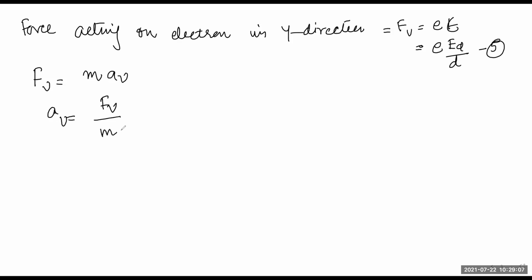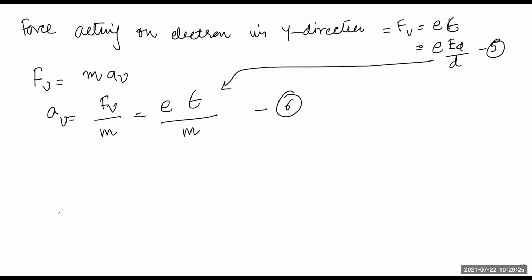Again, we know the value of F, and we put this value here, so it comes as e epsilon by m. So this is another formula for finding the force. Force in two terms, we know. This is essential while solving problems.